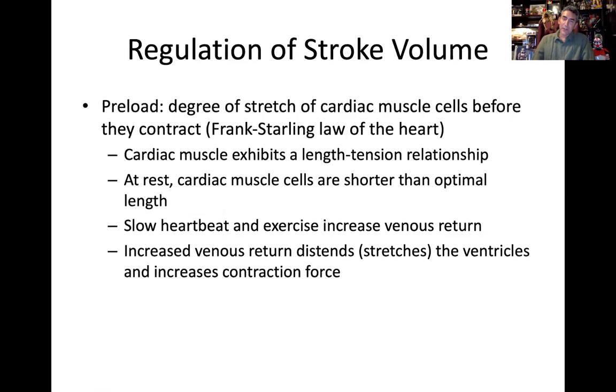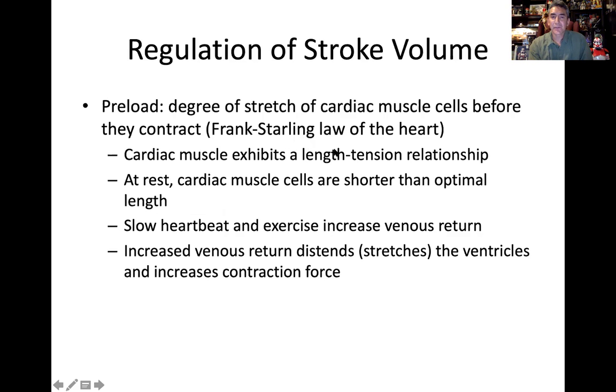So preload takes us back to 2401, right? The Frank-Starling law. I don't know if you remember Frank Starling. It's not one person, it's 2 different last names. They came up with the same idea, so they give them both credit, the Frank-Starling law.